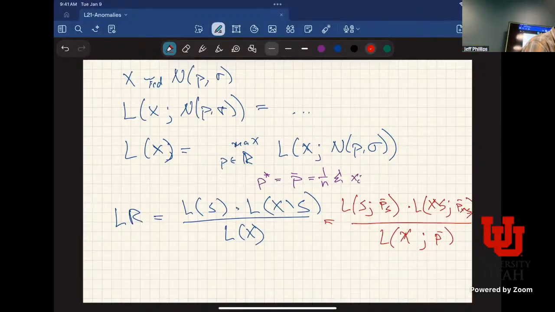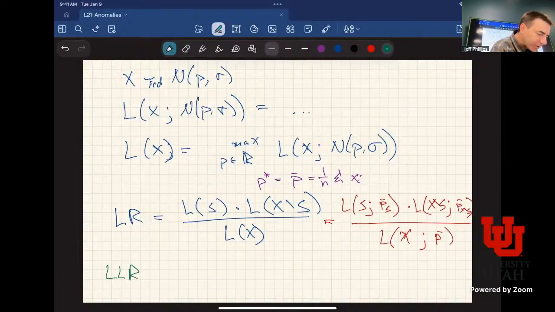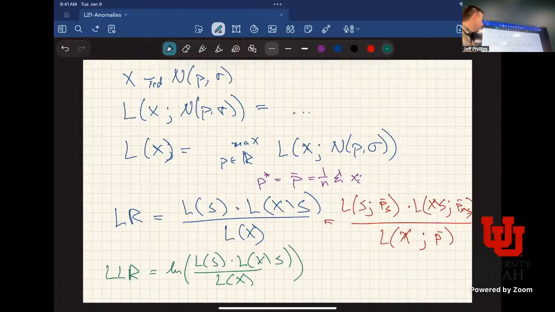So what people typically write down is the log likelihood ratio, and that's the natural log of L of X minus S. Okay, and so when I do the log, I can push this through.